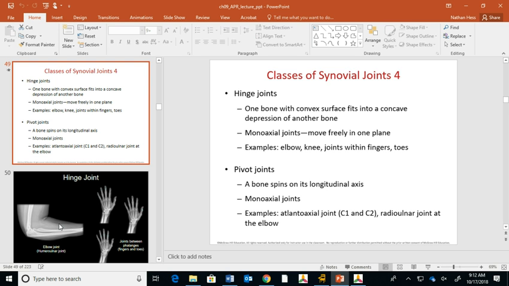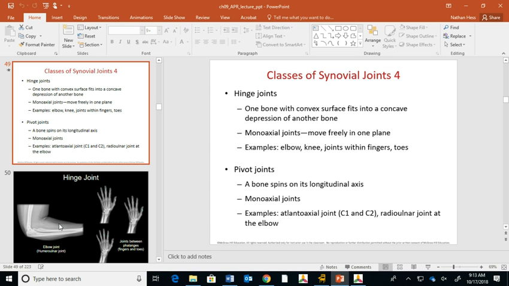I rotate, I do pronation, where my palm goes down, and literally the head of the radius just spins in place and allows the radius to roll over the ulna. So, palm down, palm up. That motion is a pivot joint, which makes sense, right? It's literally just pivoting on that spot.